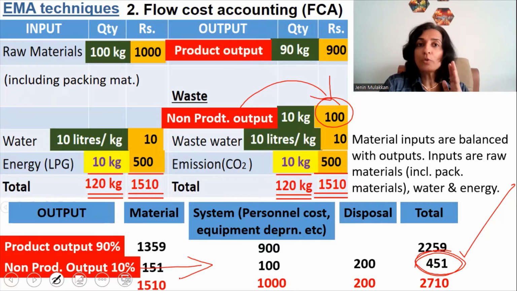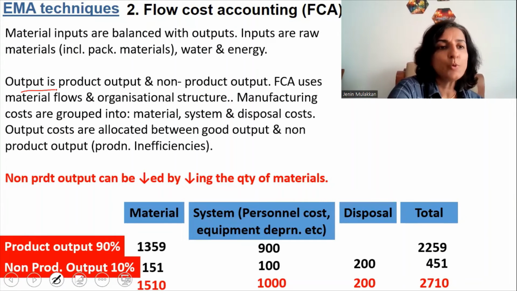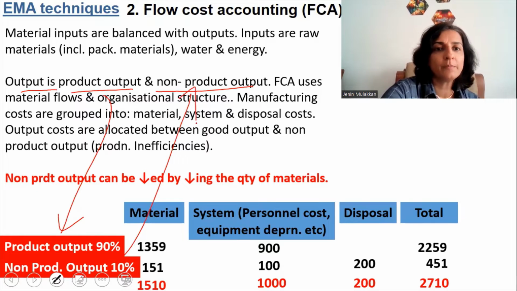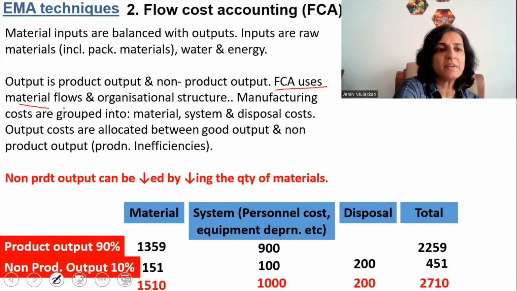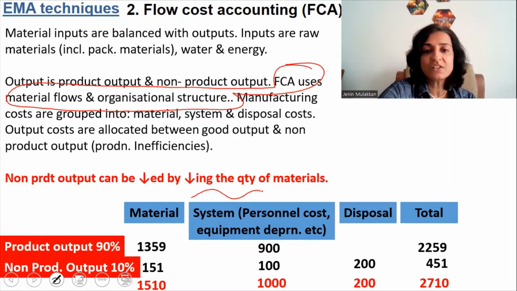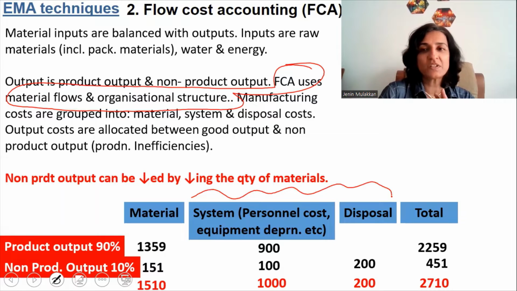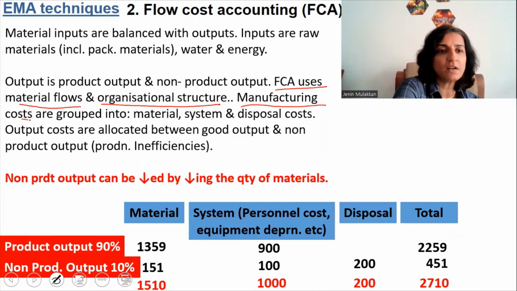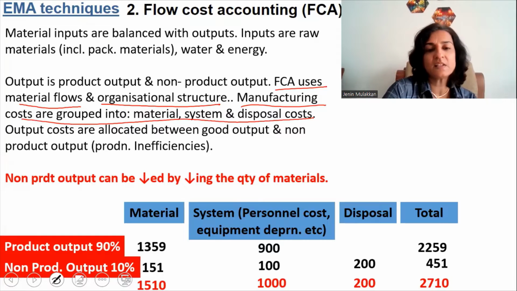So we will make a note of what we have just learned. Output is the product output and the non-product output. Flow cost accounting uses the material flows and the organizational structure. The organizational structure is nothing but the system and the waste disposal processes. Manufacturing costs are grouped into material, system, and disposal cost.